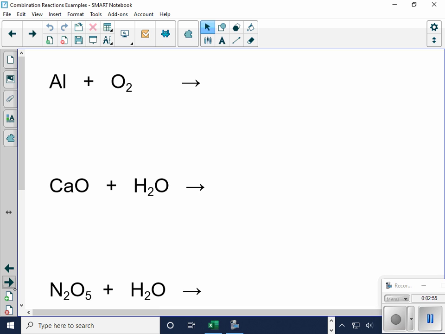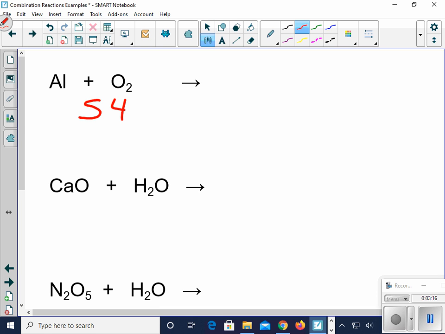However, if I look down a little bit further, look at synthesis number 4. It says that I have a metal plus oxygen yielding a metal oxide. So if I am going to classify this reaction, I say that it is an S4.